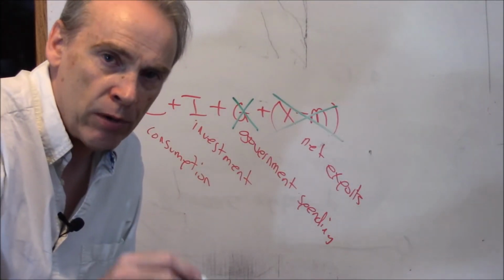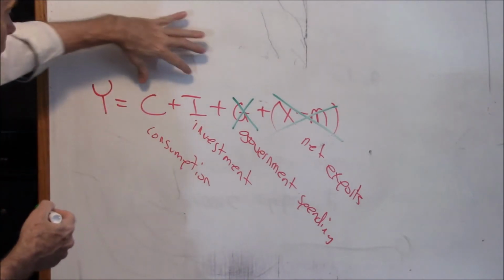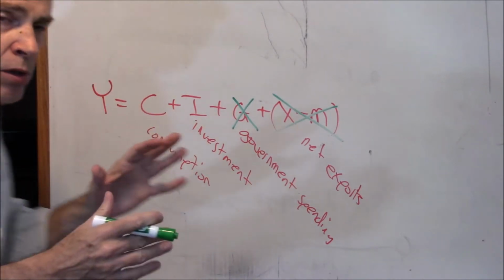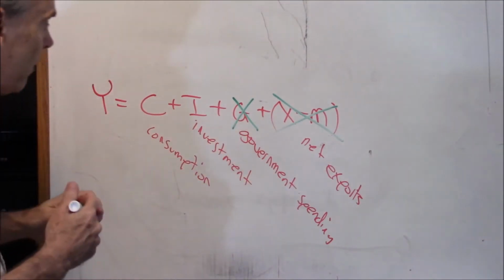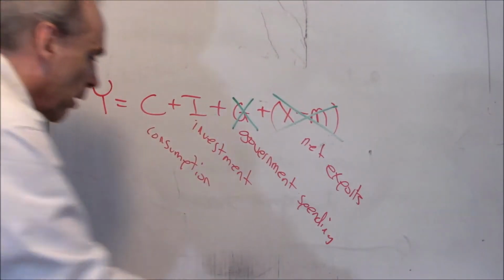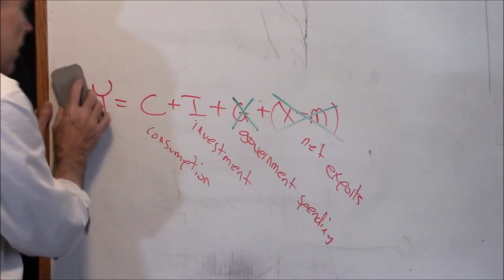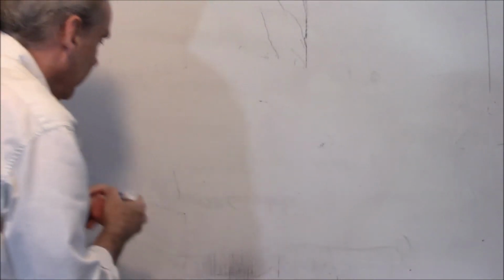Every Texan's dream come true. And so, we're going to deal with just these 2 right here. Just sort of like a pure private sector economy. There's no government involvement in the economy, and none of them dang foreigners messing everything up, all right? So we're going to do just C plus I. And now let me explain what C and I are, if I may.